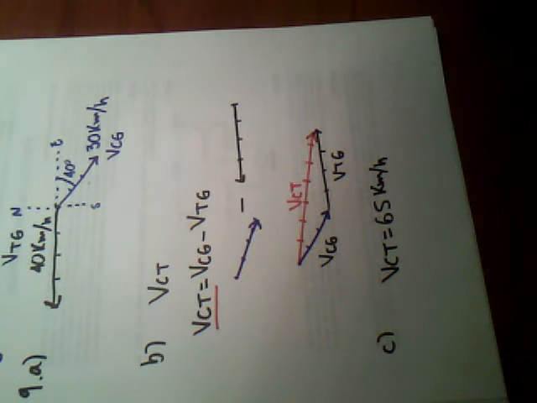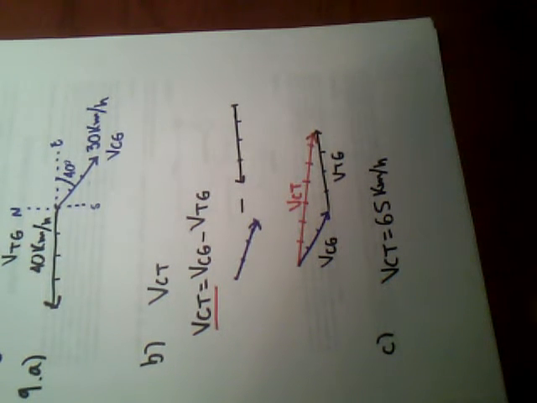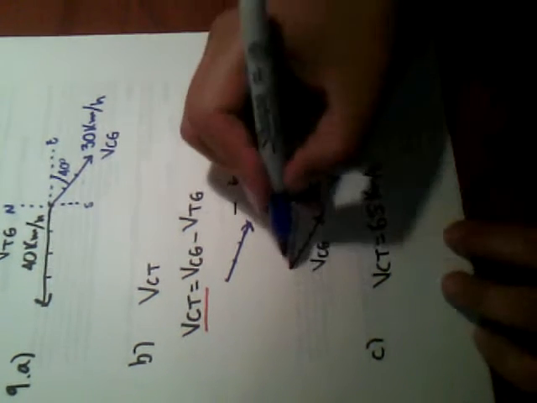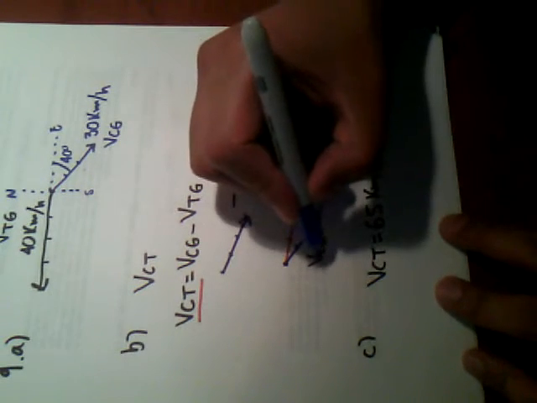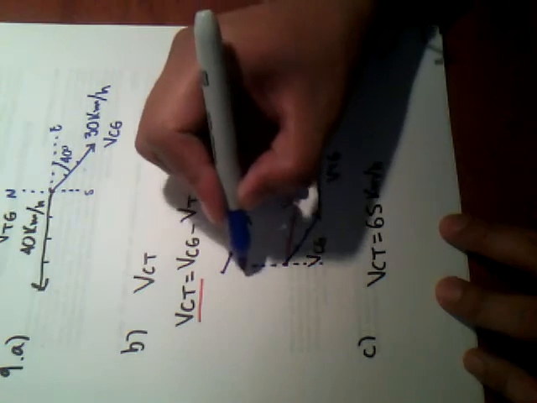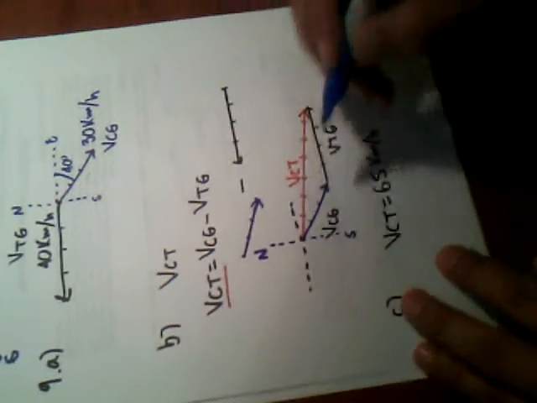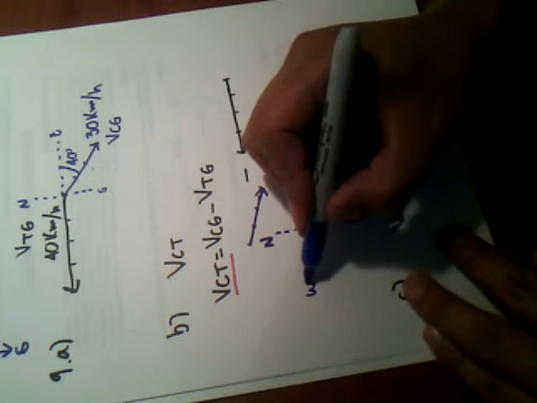And now we have to find the magnitude. We found the magnitude, and we have to find the direction. So to find the direction, what I'm going to do is this. The vector starts here and goes in this direction. So I'm going to draw here a north, south, east, west reference.